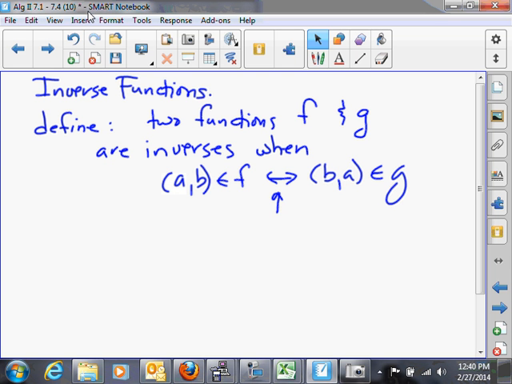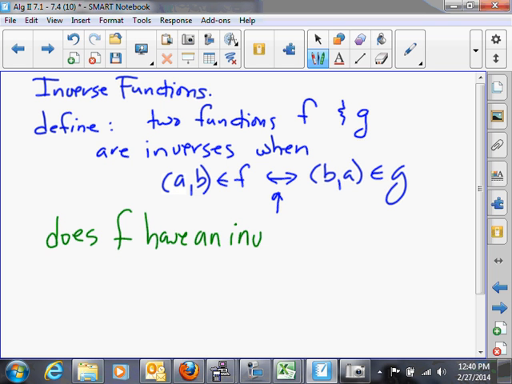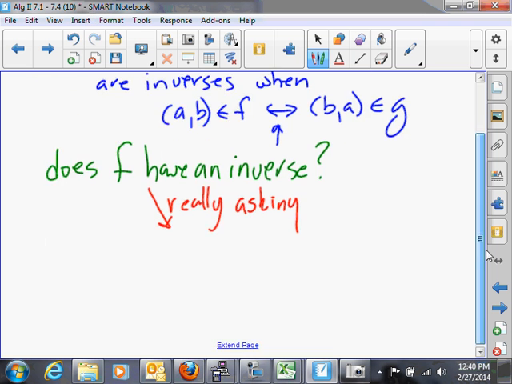So when mathematicians say, does f have an inverse? What they're really asking is, is the inverse of f a function?